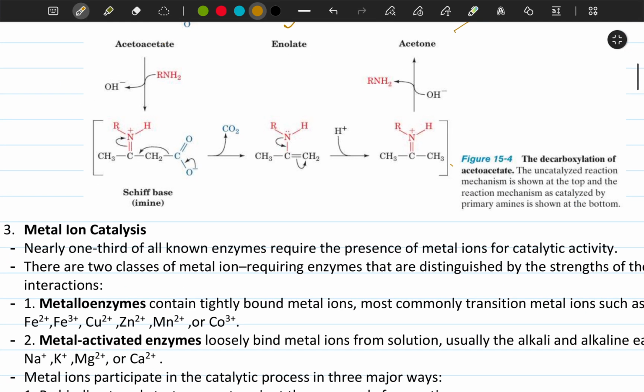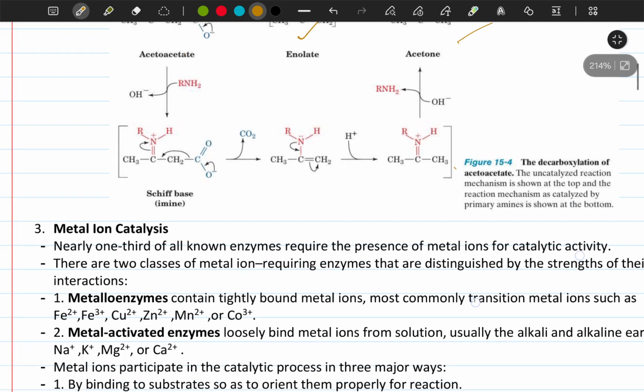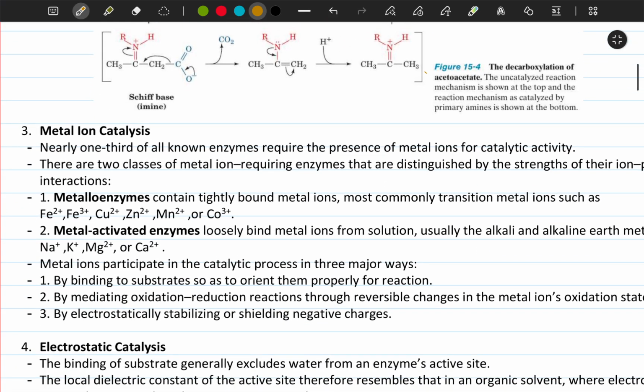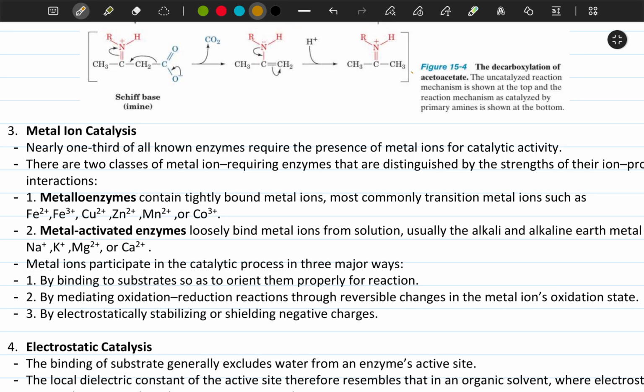Metal ion catalysis. Nearly one third of all enzymes require the presence of metal ions for catalytic activity. There are two classes of metal ion requiring enzymes: metalloenzymes and metal-activated enzymes.